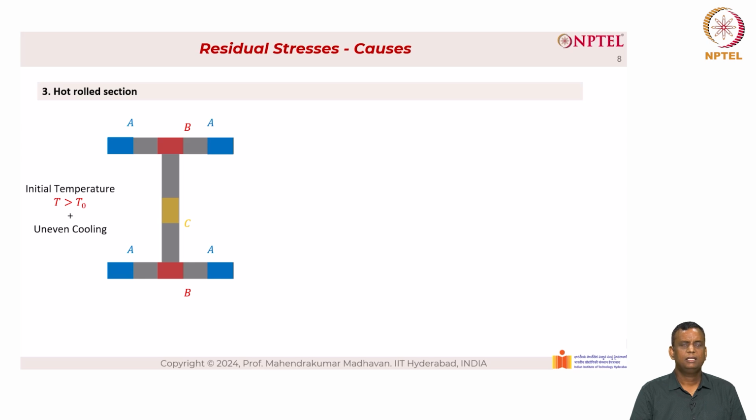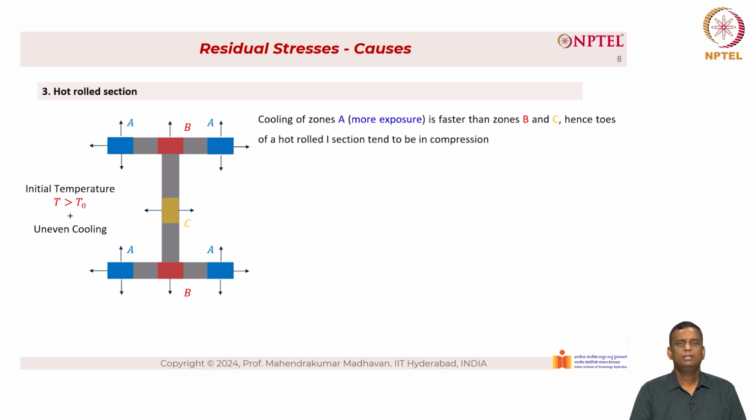As you can see, the edges of the flanges at the top as well as the edges of the flanges at the bottom are designated as A. The flange web junction is designated as B, and the center of the section is designated as C. So when we heat the material greater than T naught and when there is uneven cooling, the cooling of the zones A is exposed more and it is faster than zones B and C. Hence, toes of a rolled I section tends to be in compression.